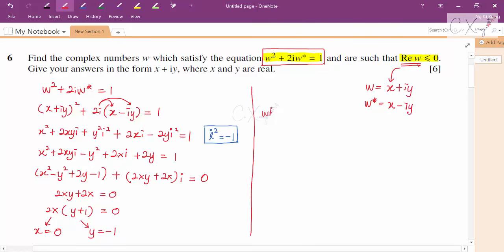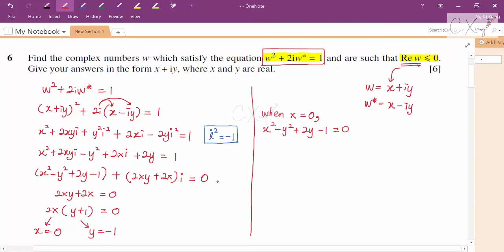Okay, so I will further simplify it and solve for x and also y. When x equals 0, I want to use the real part of my complex number to solve it. So when x squared equals 0, I'm having x squared minus y squared plus 2y minus 1, and I let it equal 0 as well because on the right hand side there's no real part.